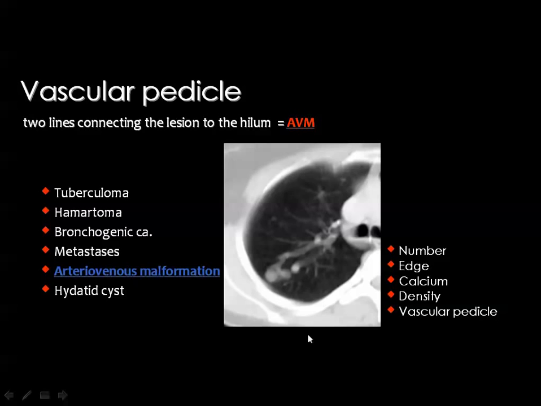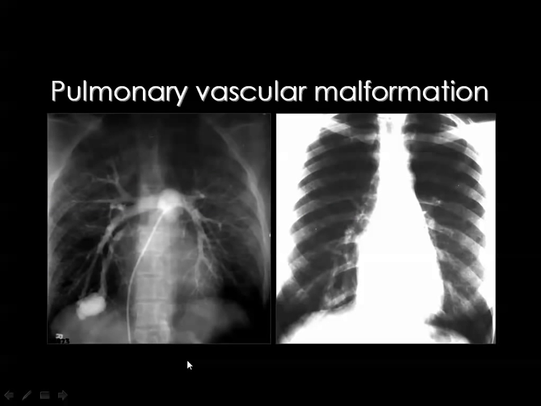Then if you see a nodule which is connected to the hilum by two cord-like structures, and these cord-like structures represent the feeding artery and the draining vein, then you know that this nodule should represent an arteriovenous malformation.